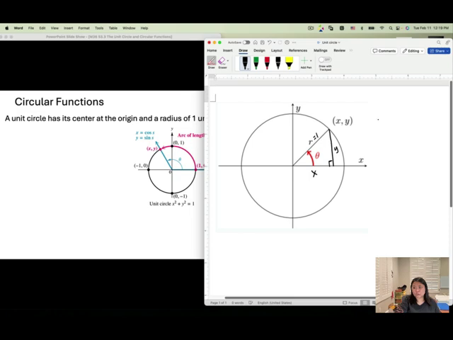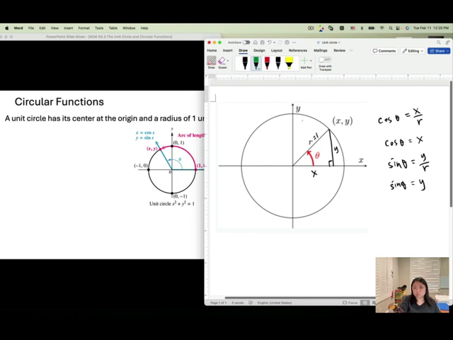So we have cosine theta equal to x over r, and since r is equal to 1, cosine theta is equal to x. Same idea for y: sine theta equals y over r, and since r is equal to 1, sine theta equals y.